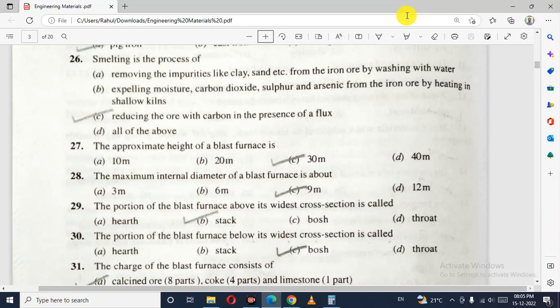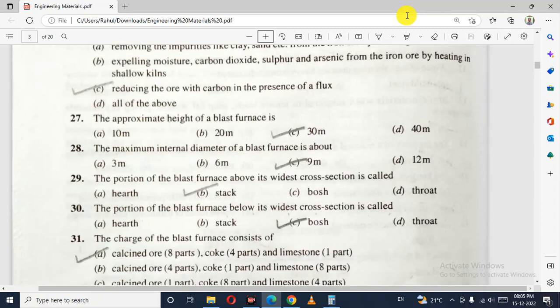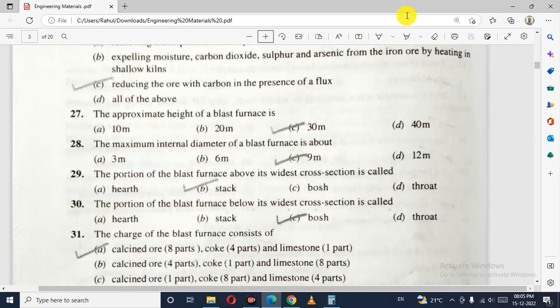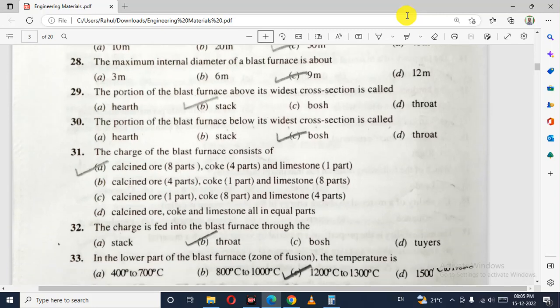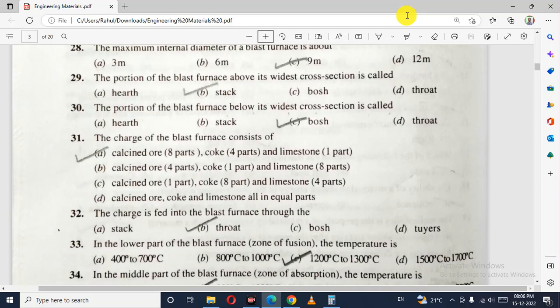The charge of the blast furnace consists of calcined ore 8 parts, coal 4 parts, limestone 1 part. The charge is fed into the blast furnace through the throat.